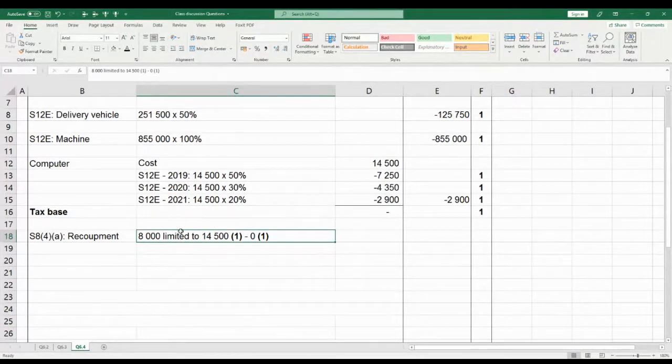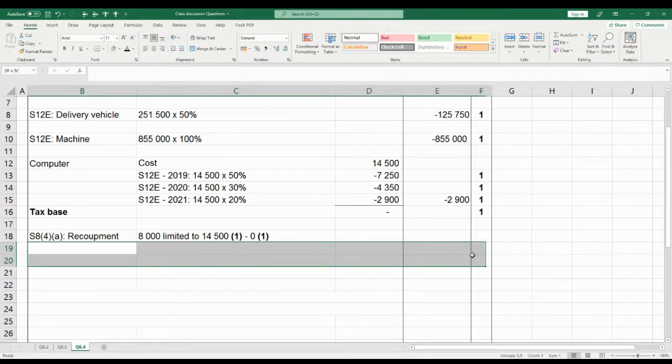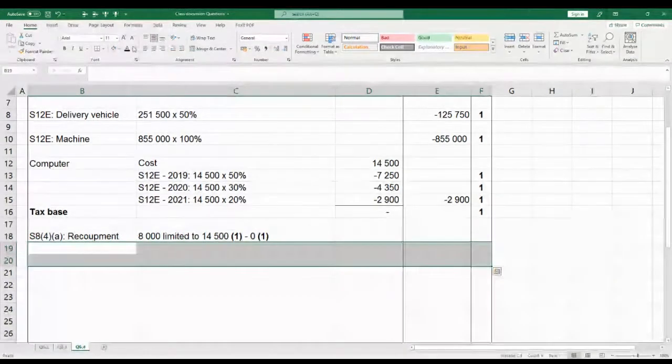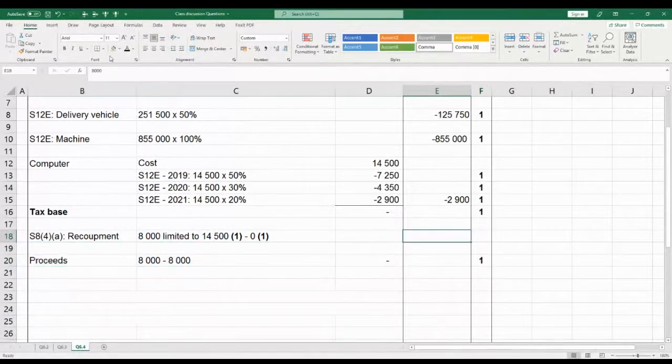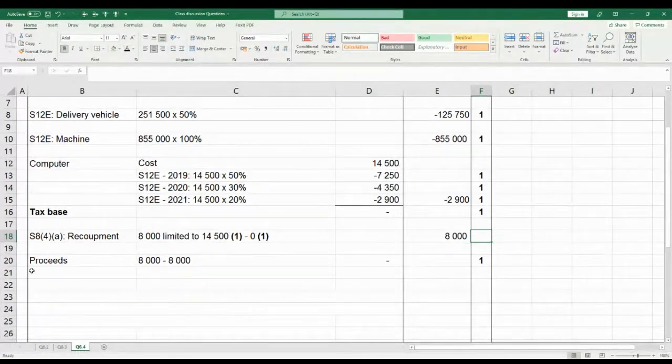We do not have a value to deduct. Because the 8,000 is limited to the 14,500, you take the lesser of the two. So we're going to apply the 8,000 when we work out our recoupment now. So we've got 8,000. We deduct the 0 to give us 8,000 recoupment. That's basically how the recoupment works.